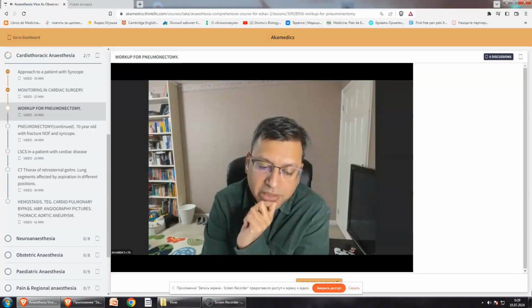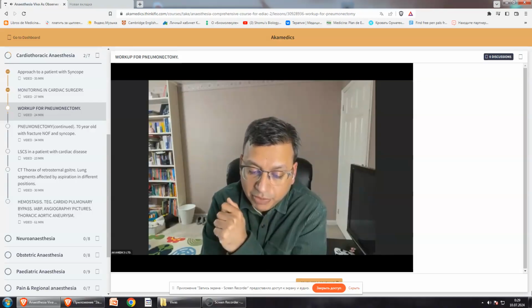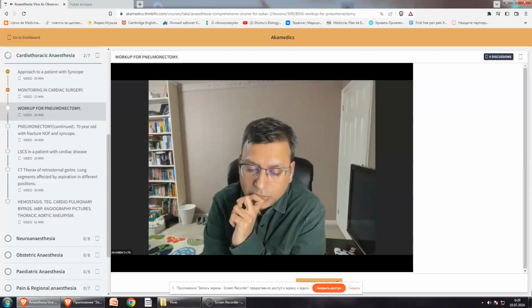What are the three things that you would check when you're going for the surgery? I think FEV1, FEV1/FVC ratio, DLCO, total lung capacity, and the other thing is cardiopulmonary exercise testing to see the oxygen consumption and anaerobic threshold.